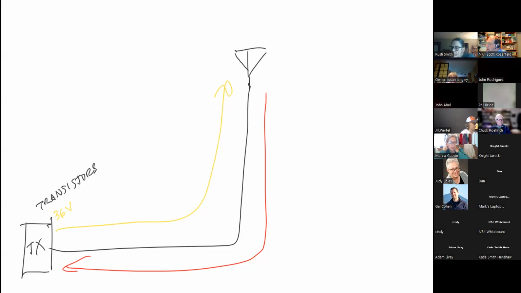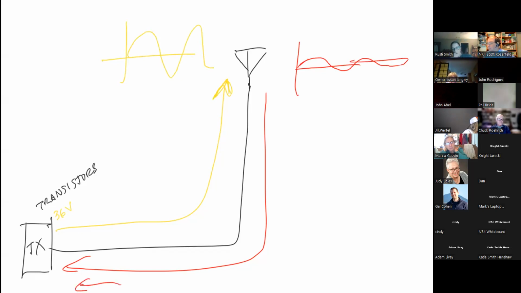So you have power going up to the antenna, and it actually has a voltage. But then you also have power coming down. Maybe it's a different phase and a different amplitude, but it comes back down. What happens when it gets back to the bottom? They add together.